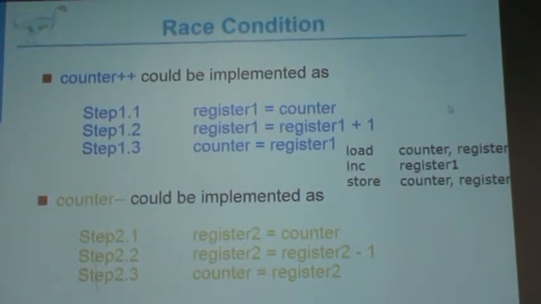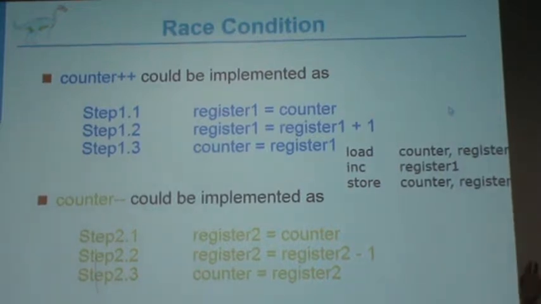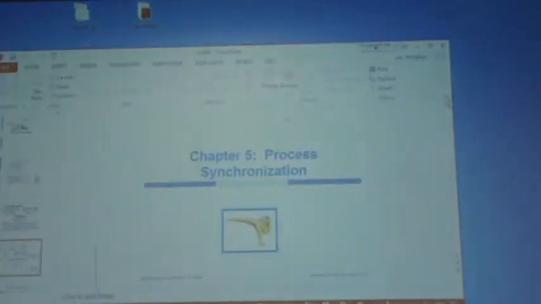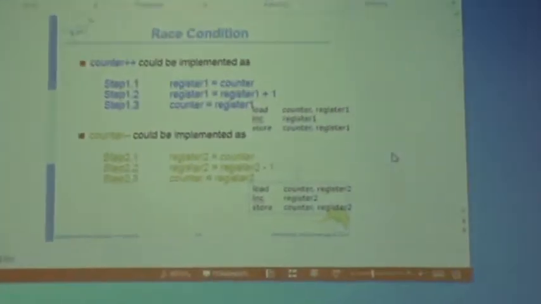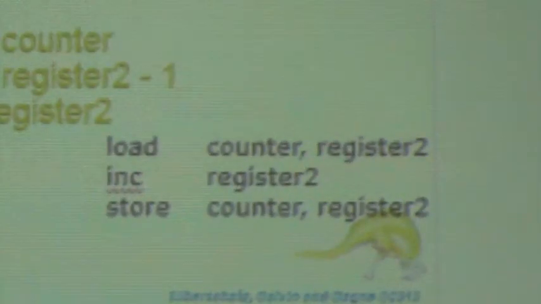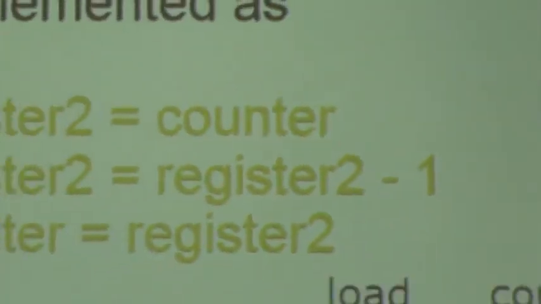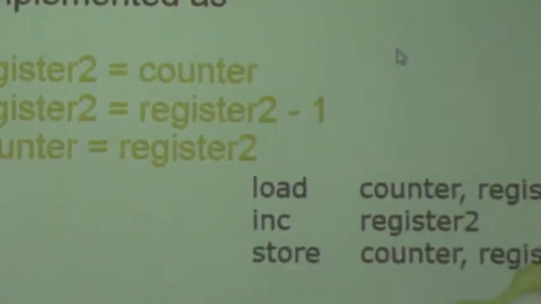First load the data from memory to register, then increment, then store, writing back to memory. So we have a total of 6 instructions.